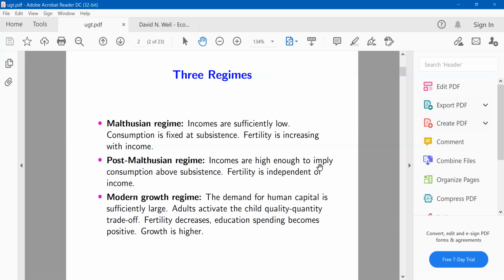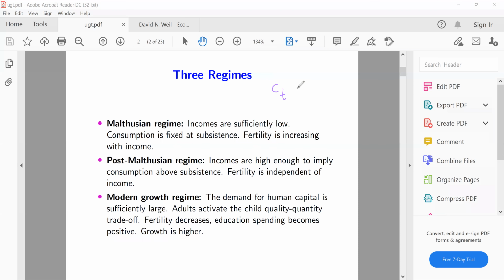Let's define these regimes first. In the Malthusian regime, incomes are low, consumption is fixed at subsistence, and fertility is increasing with income. So this is the Malthusian model that we studied, actually, right? In that Malthusian system, if incomes are sufficiently low, and if people are subject to some subsistence consumption constraints, remember that it looks like something like this, right?